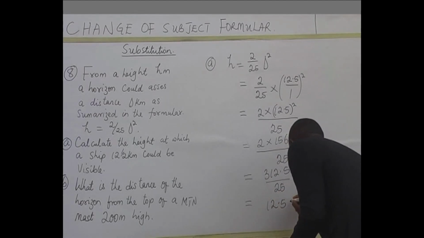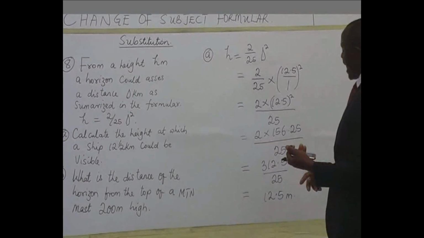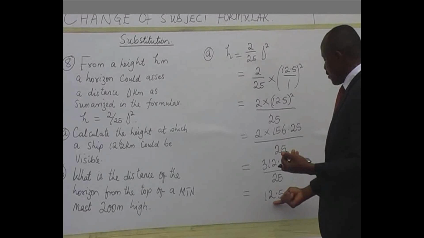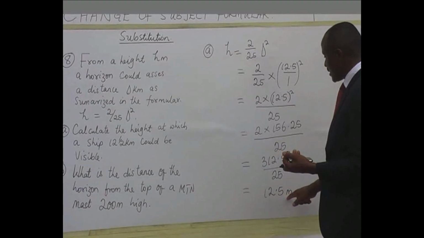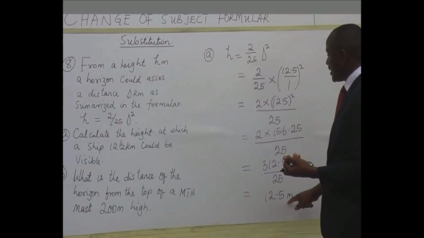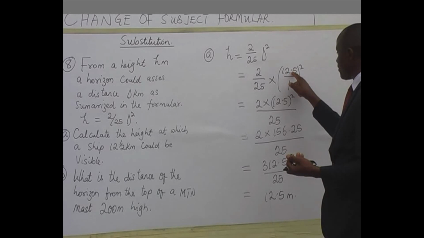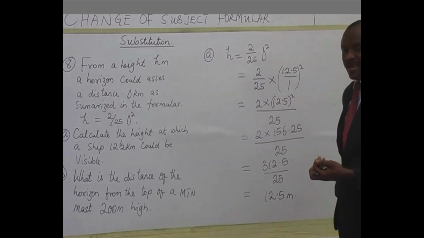That means 12.5 meters. That means at a height of the horizon of 12.5 meters, a ship or whatever object at a distance of 12.5 could be assessed.